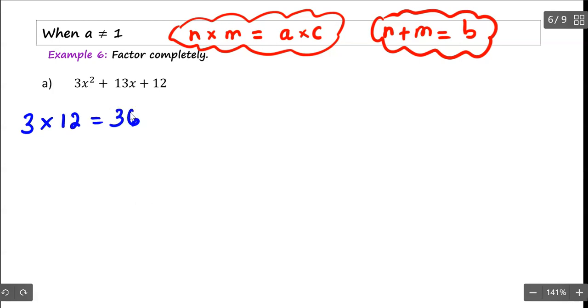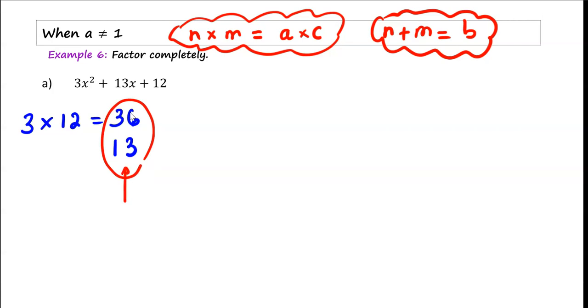Okay. And then the 36 and the 13, these are the two numbers that provide the clue for you to get the m and n. Okay, so you see the number is getting even bigger because you have to take the a multiply the c. So you have 36 and 13. Okay, don't forget 13 is a prime, right?